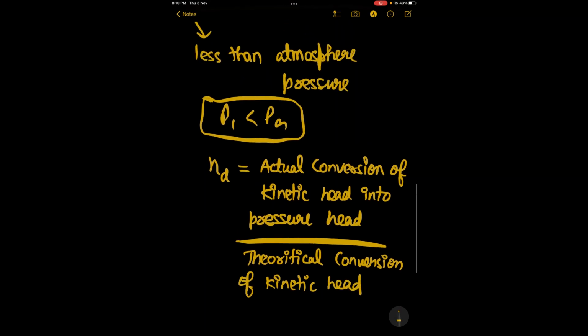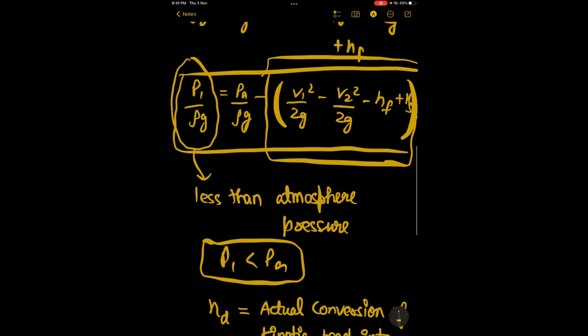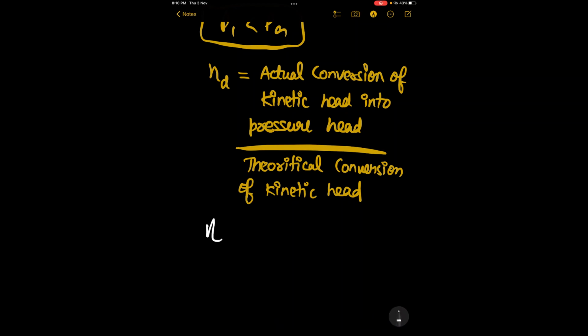So if you look at this part of the equation, this is the actual conversion of kinetic head into pressure head. So eta d actual becomes v1 square by 2g minus v2 square by 2g minus hf.